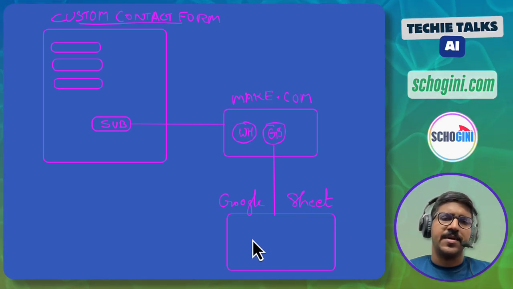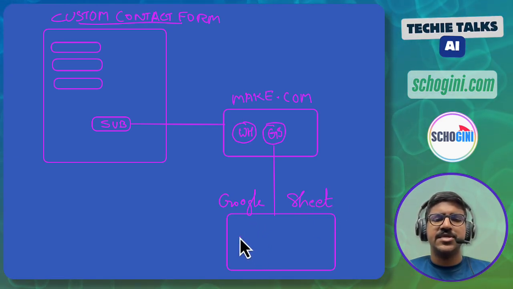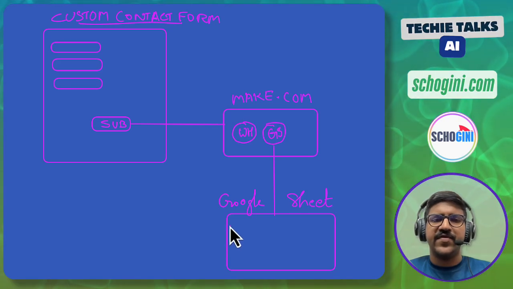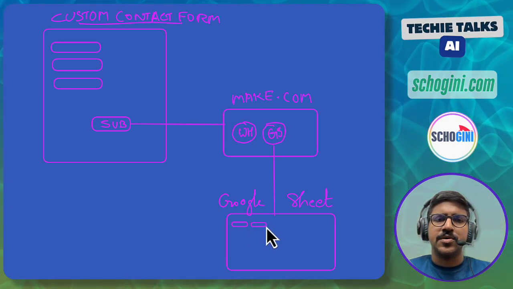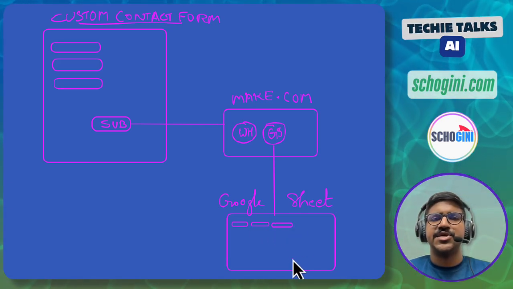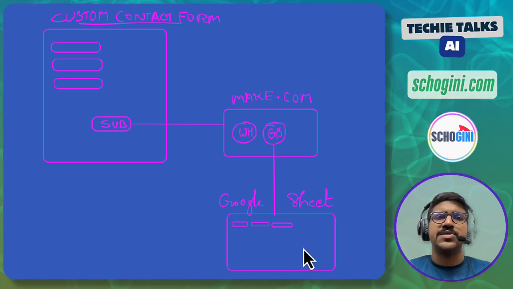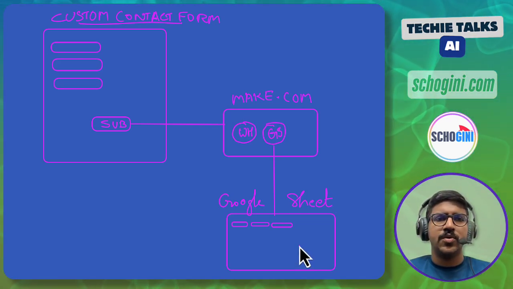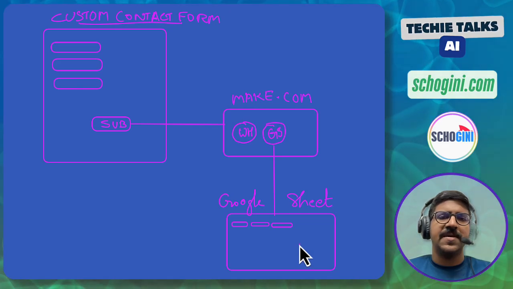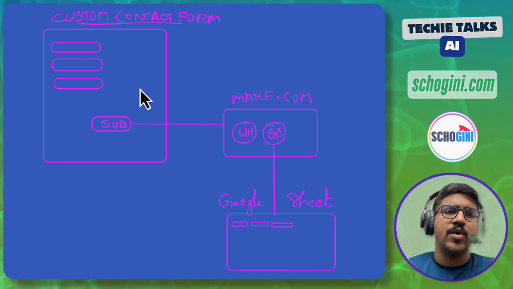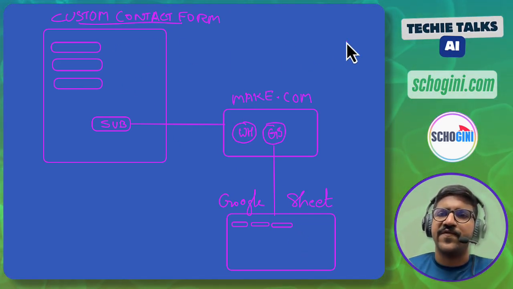And inside this Google Sheet document there will be different sections to store the first name, last name, message, etc. So this is the process that we are going to see today. So no code, just using make.com and Google Sheet, how you can make your custom contact form work.